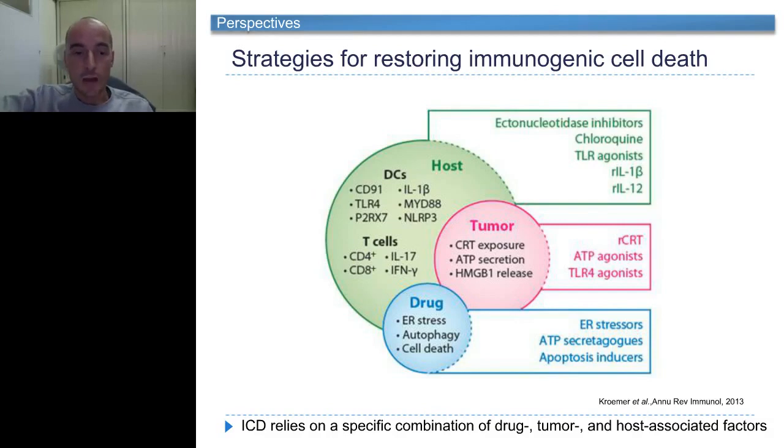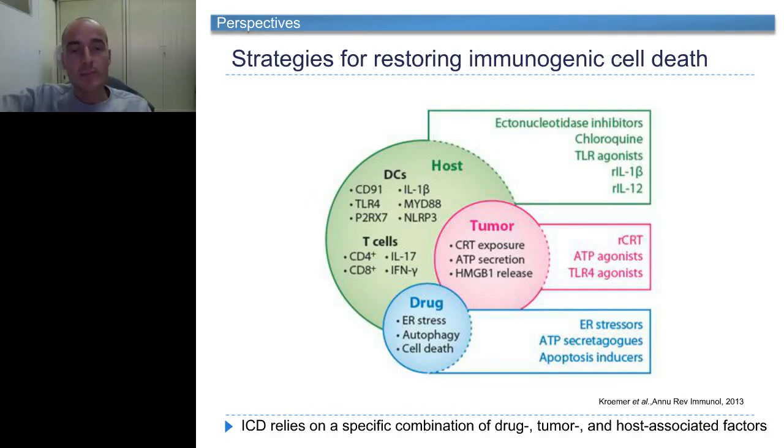So this last scientific slide summarizes the strategy that we have been developing and that we are still following in the lab, which is the necessity for successful anti-cancer drugs to cause ER stress, to cause autophagy, and of course to cause tumor cell death, to, in the end, in the tumor, in the patient, release and expose all the hallmarks of immunogenic cell death, which then can be perceived by the host and by the immune system.